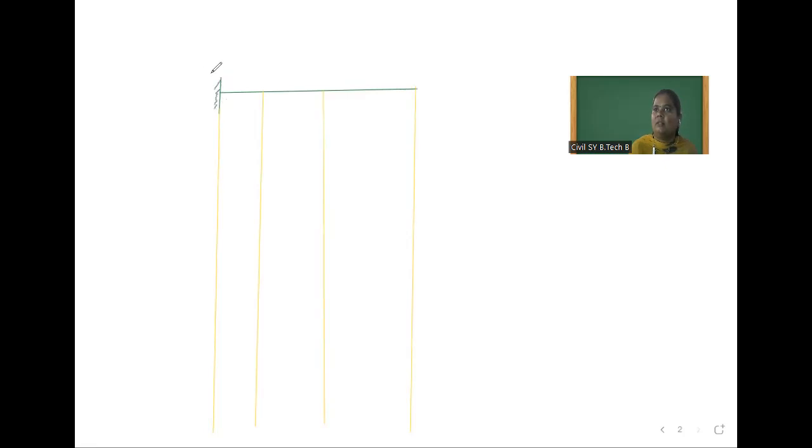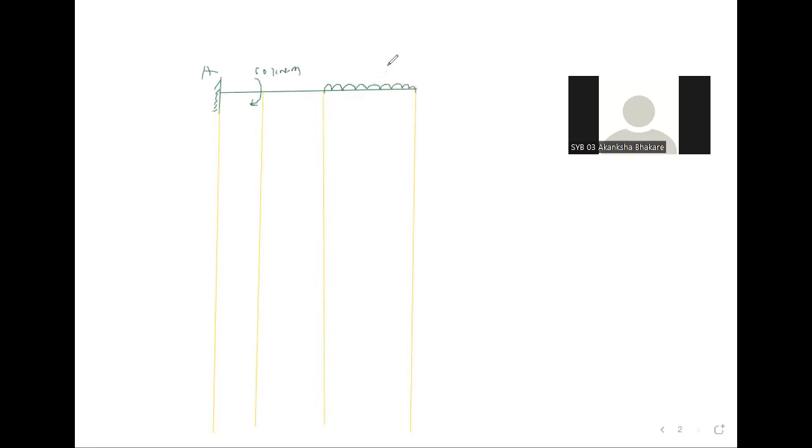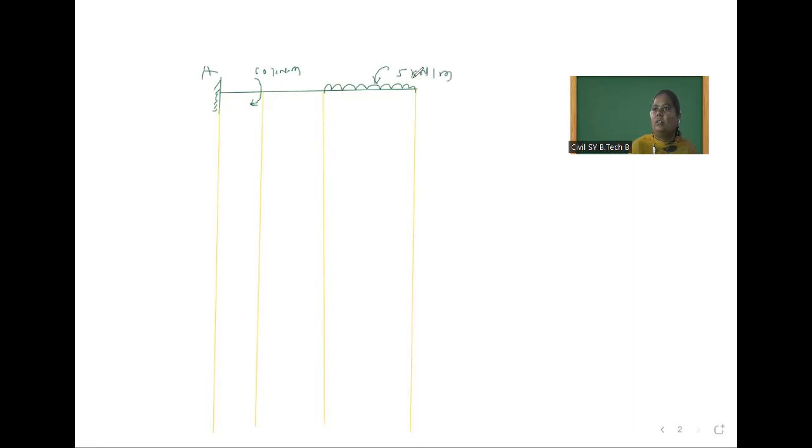Okay, so this end is fixed. At B, 60 kilonewton moment couple is applied. After that, in between C to D, uniformly distributed load is applied 5 kilonewton per meter. This is B point, this is C, and this is D. This is A point.